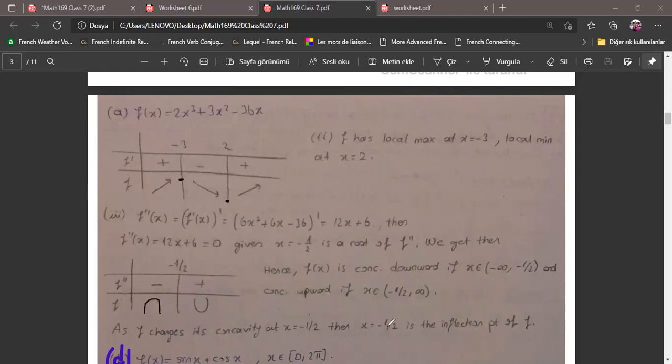We say a point is an inflection point if the graph of the given function is changing from concave upward to downward or concave downward to upward, okay? When it changes its concavity, we say that point is an inflection point, okay? So we're done.